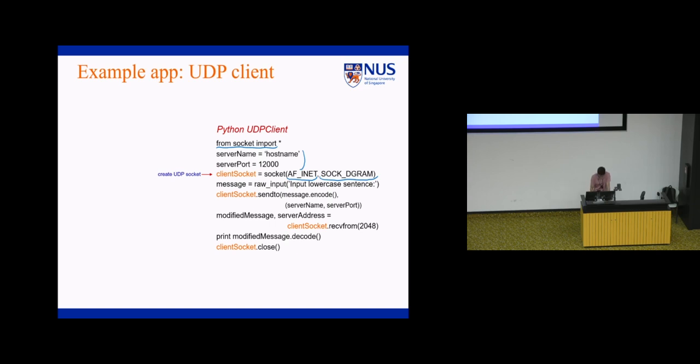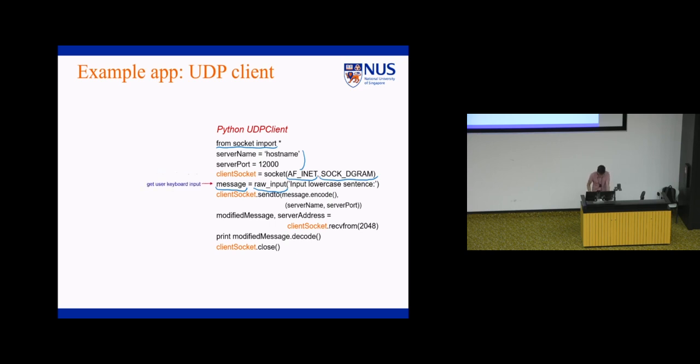Then we are assigning whatever the user writes on the keyboard into this message string. So raw_input is a function in Python. After you write this, whatever you have in the parentheses will be printed, and then whatever the user writes into the terminal or the console will be assigned to that string message.